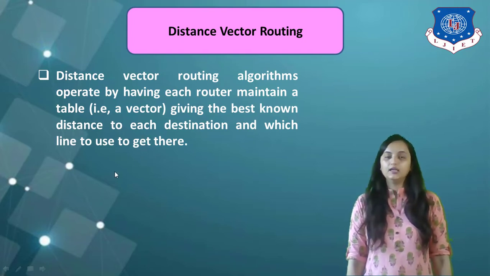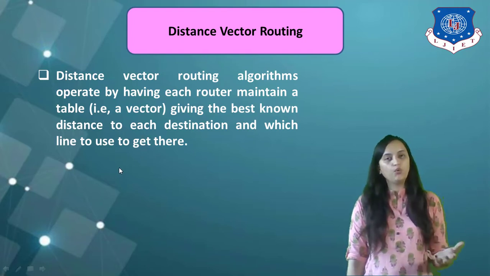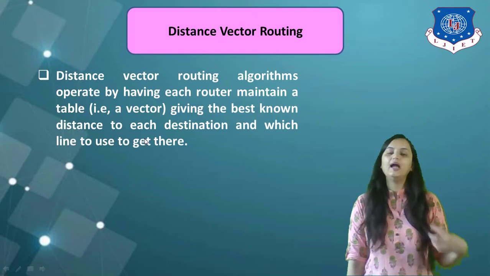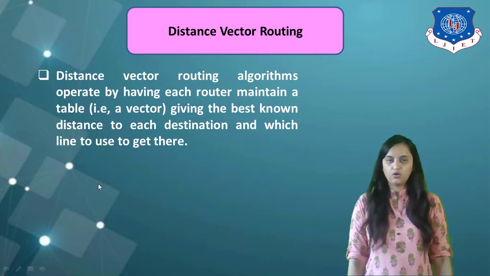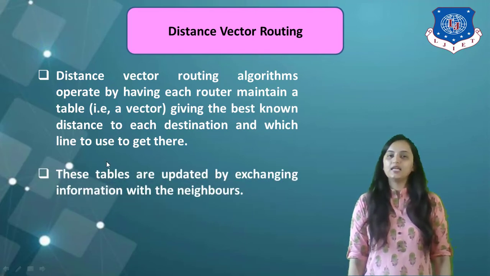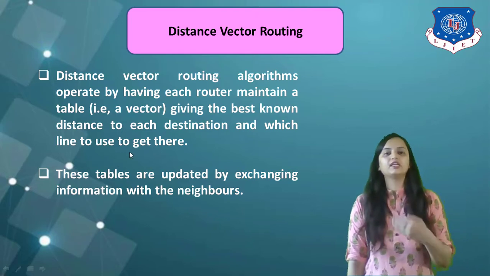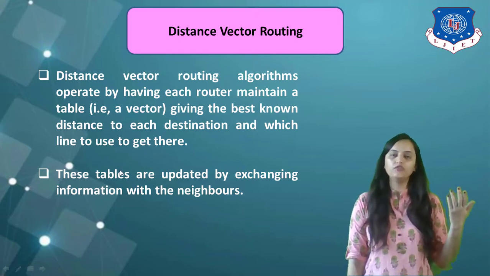Every outgoing line connected to that particular node or router is indicated, and the best known distance to its neighbor routers and every outgoing line's details are stored in that table, which is also called the vector. These tables are updated by exchanging information with the neighbors. Every time an exchange happens, these tables are updated after every exchange of information or packets.